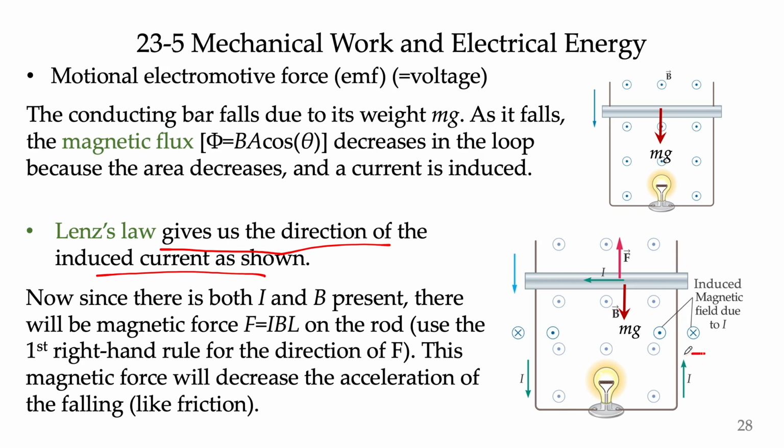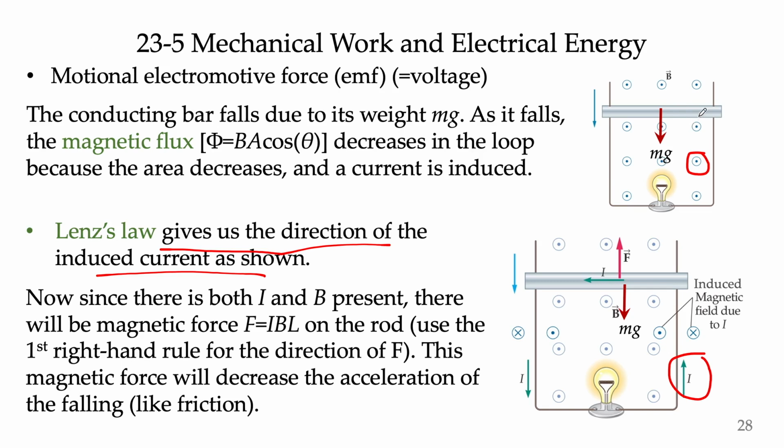Now this is going to be the current direction. So how do you find it? Again, we're going to use Lenz's law. So here, the magnetic field lines are out of the page and the flux is decreasing. So the loop will try to oppose it. So it's going to increase the flux. Again, the flux is decreasing because of the decreasing area.